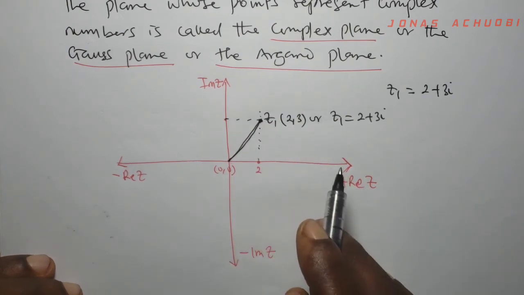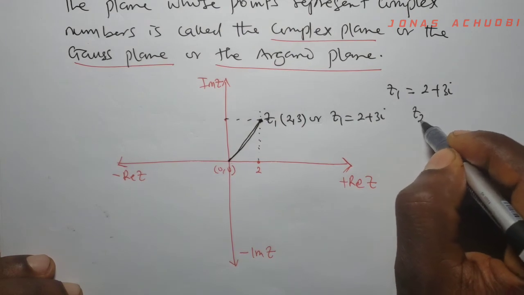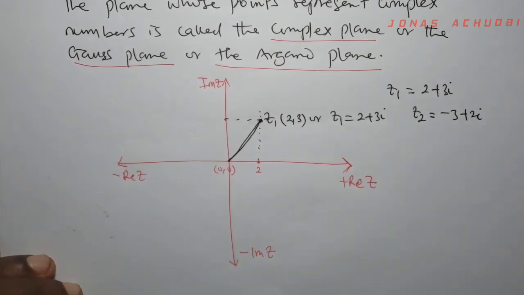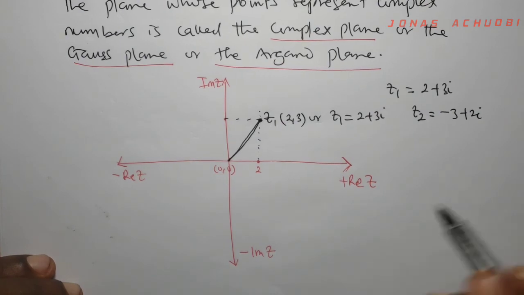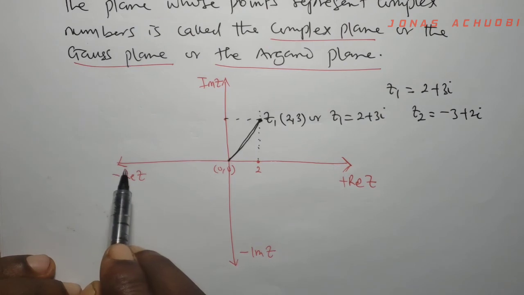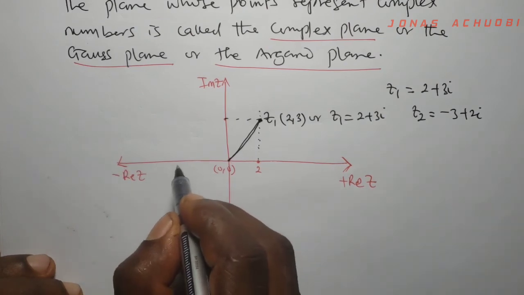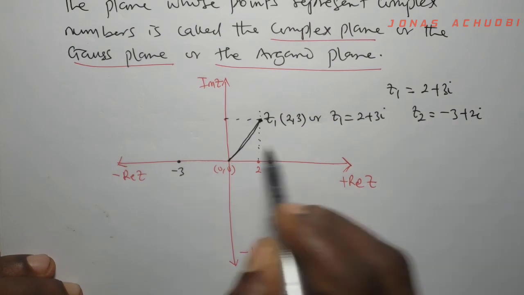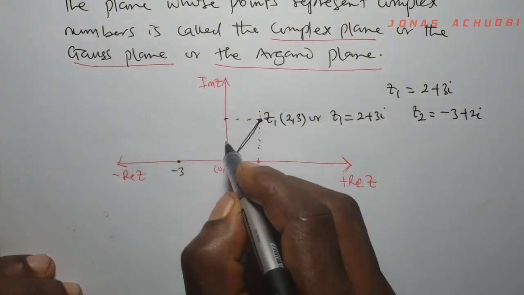So this is z1. Let's look at another complex number, for example, z2 equals minus 3 plus 2i. The real part is negative, so we come this way. So negative 3 is somewhere here. Let us call that point negative 3. The imaginary part is positive, so we are still going up, plus 2 somewhere here.